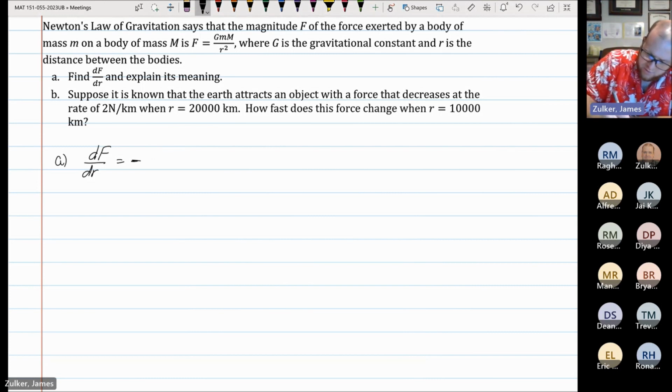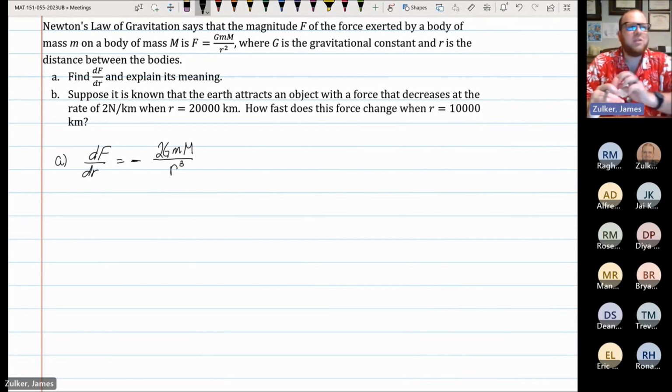It's actually 2G little m big M over r cubed. Negative 2G little m big M all over r cubed is our derivative with respect to r. I'm going to explain its meaning.